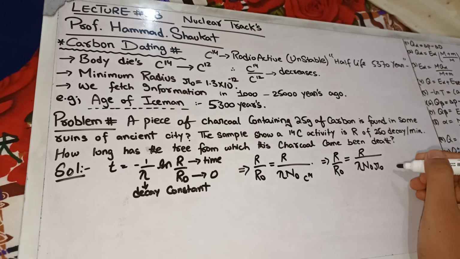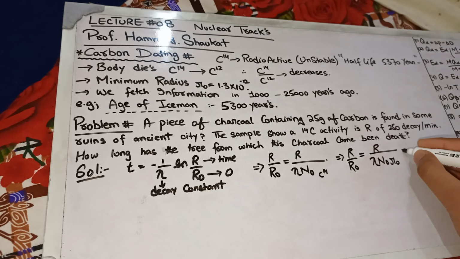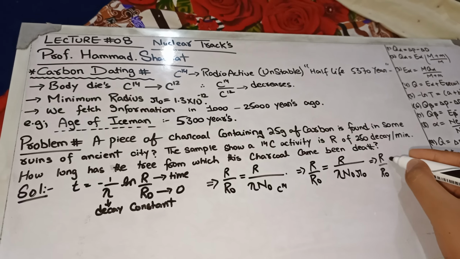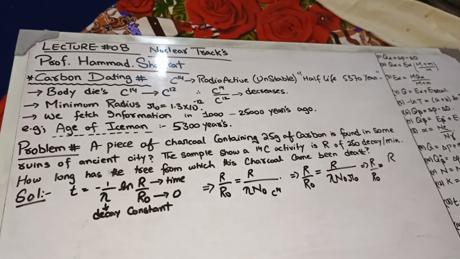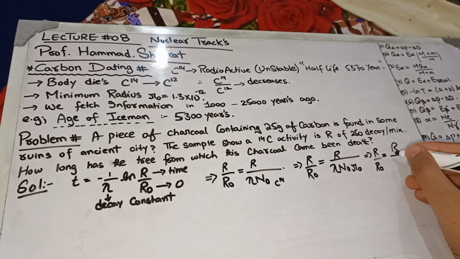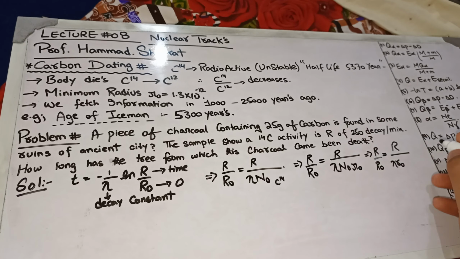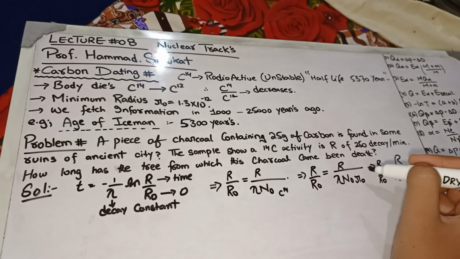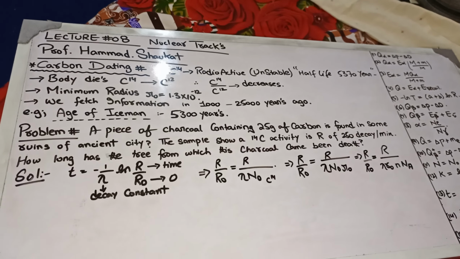Now there is another conversion here. This r divided by r naught can be converted into r divided by lambda times r naught times n naught, and this n naught is converted into small n times Na, which is Avogadro's number.